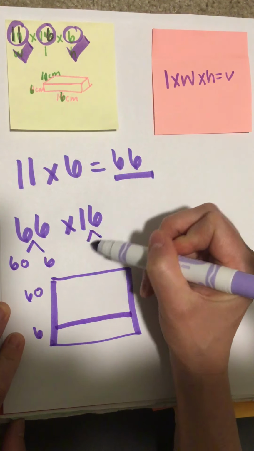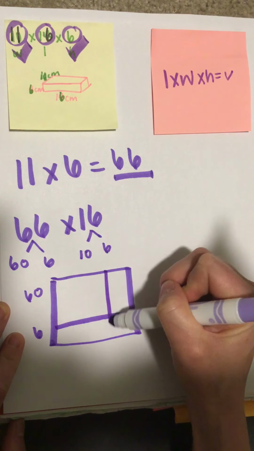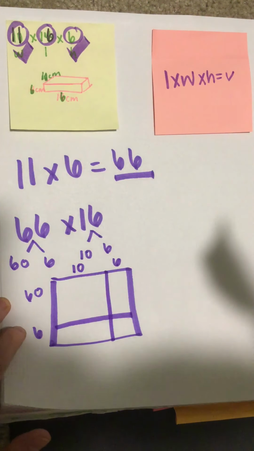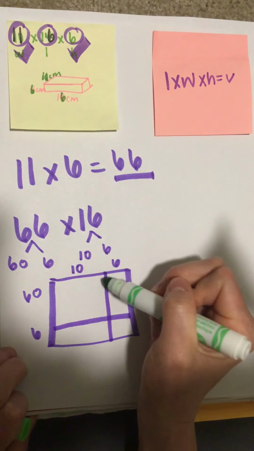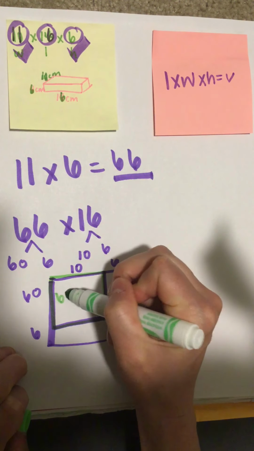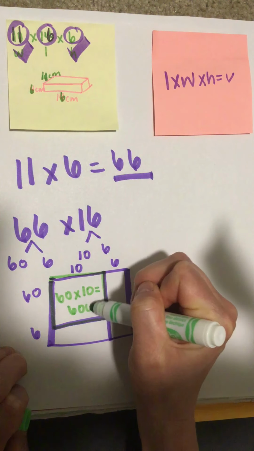And I know 16 is 10 and 6 if I break it up by place value. 10 and 6. So in this box, my first box, I'm going to multiply 60 times 10, and that's going to equal 600.